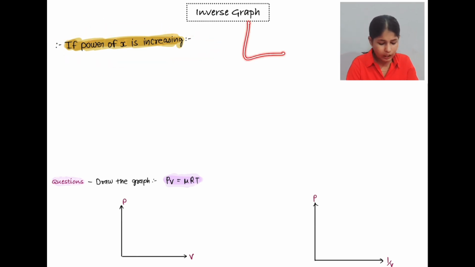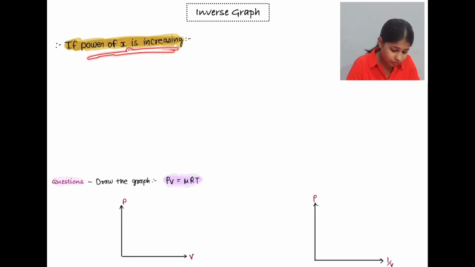how you will plot the graph if the power of x is increasing.